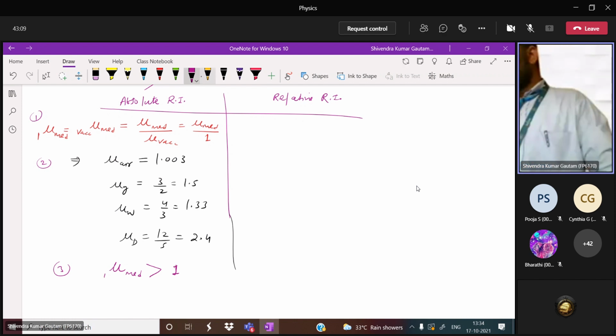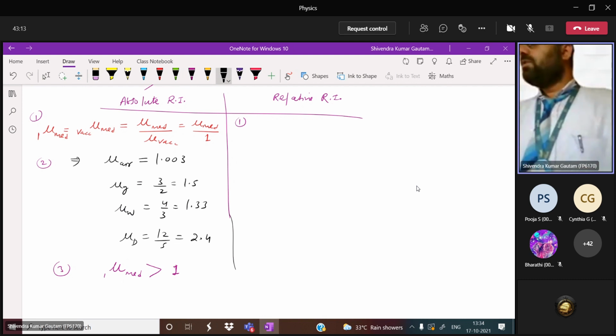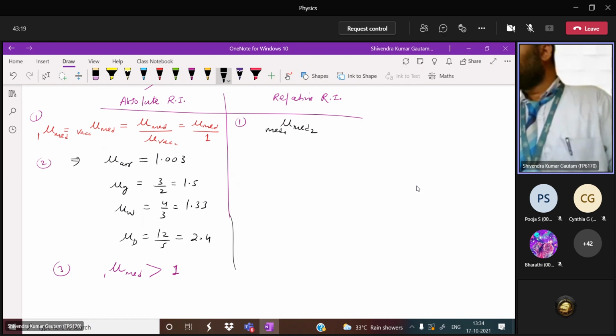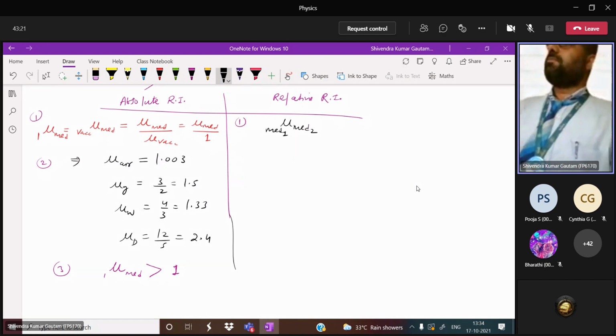Now relative refractive index. See, relative means refractive index of medium 2 with respect to medium 1. Suppose glass refractive index with respect to air.